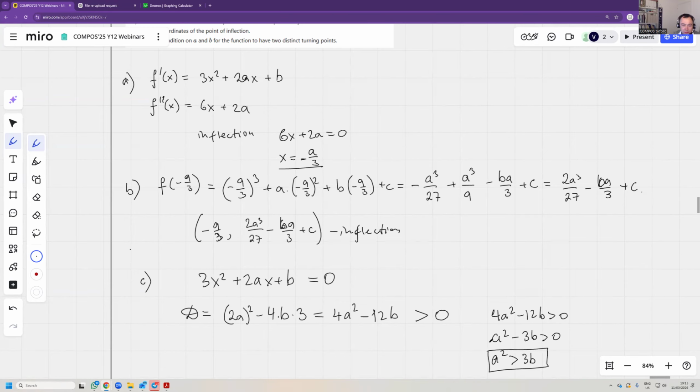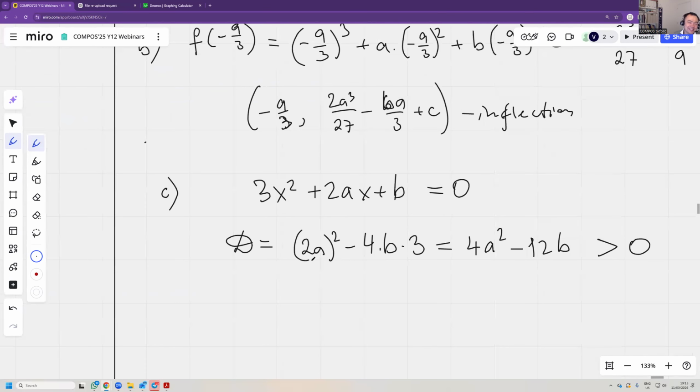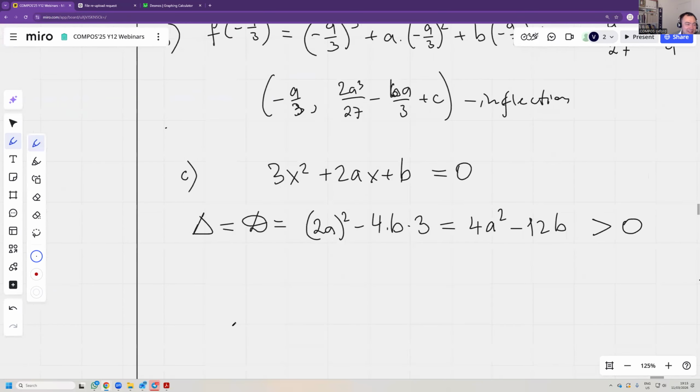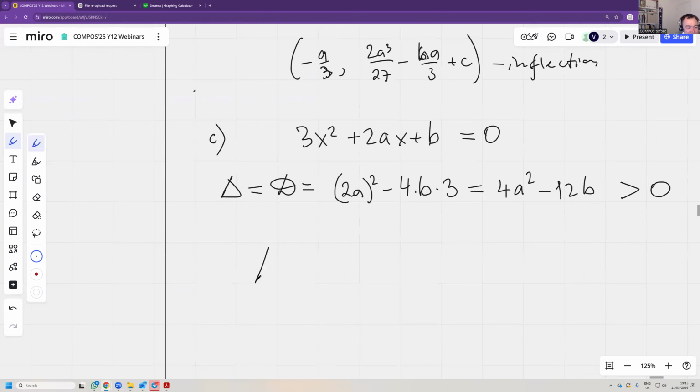What is that symbol? Sorry. Oh, D. Discriminant. Yeah, so that's discriminant. The symbol is D. D is just a squiggly D, how I was taught in school.